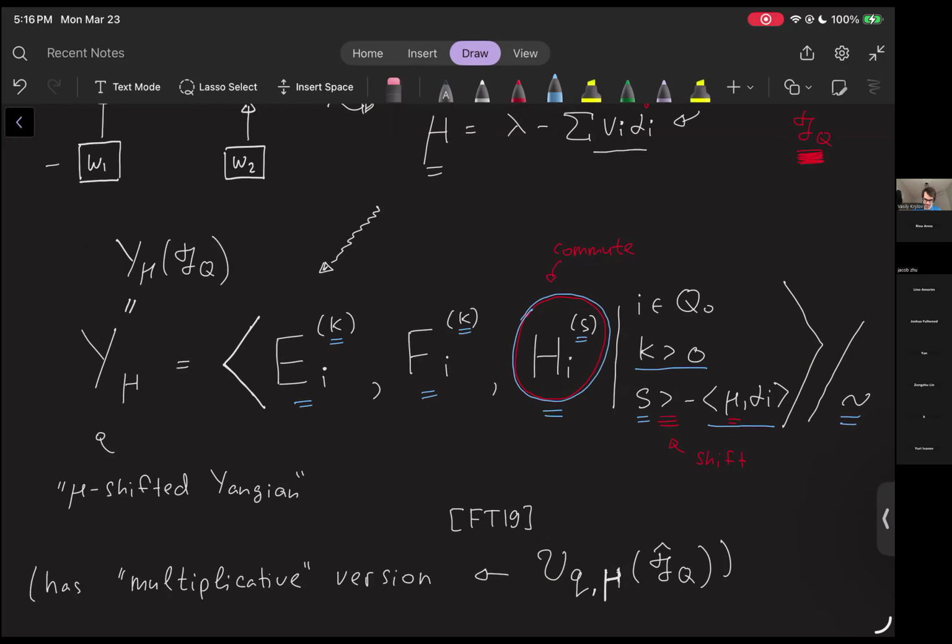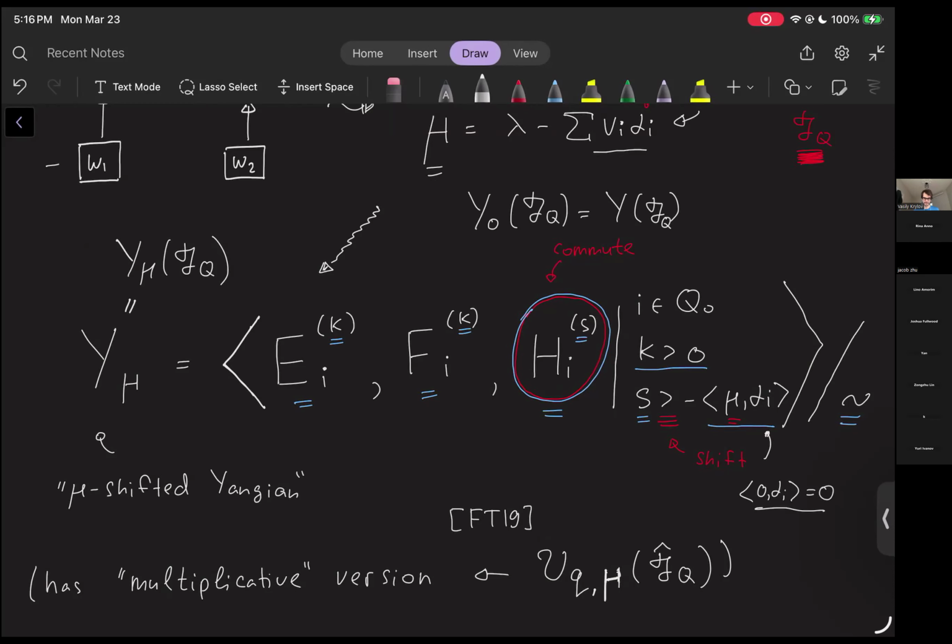And the Drinfeld Yangian, is it a special case of this construction? Absolutely, yes. If you take zero shift, if you just take Y_0 of G_Q, you will get Drinfeld's new presentation of the Yangian. This literally corresponds to the pairing being equal to 0.